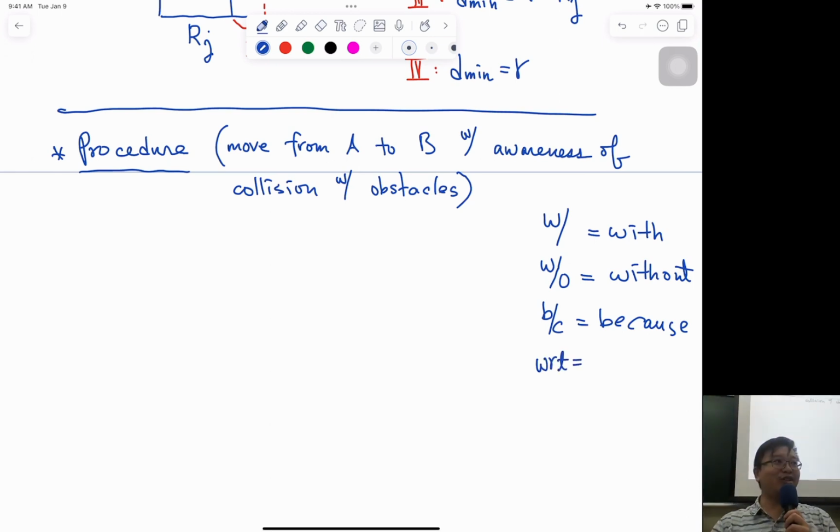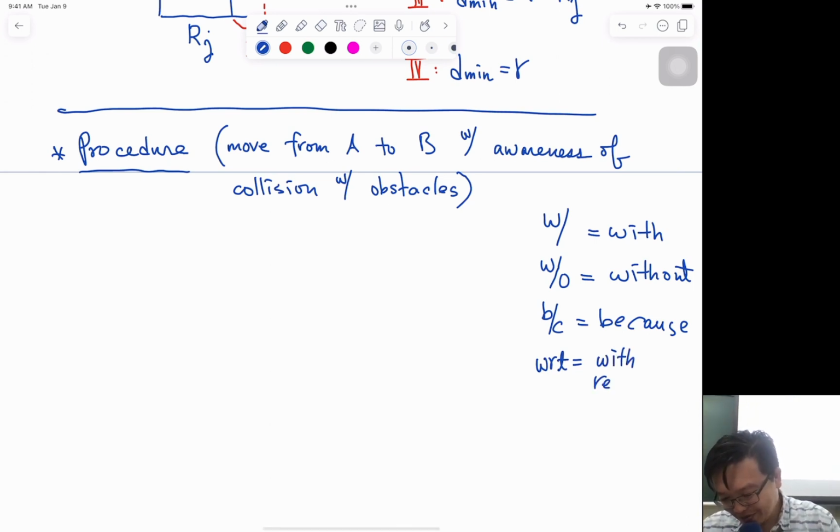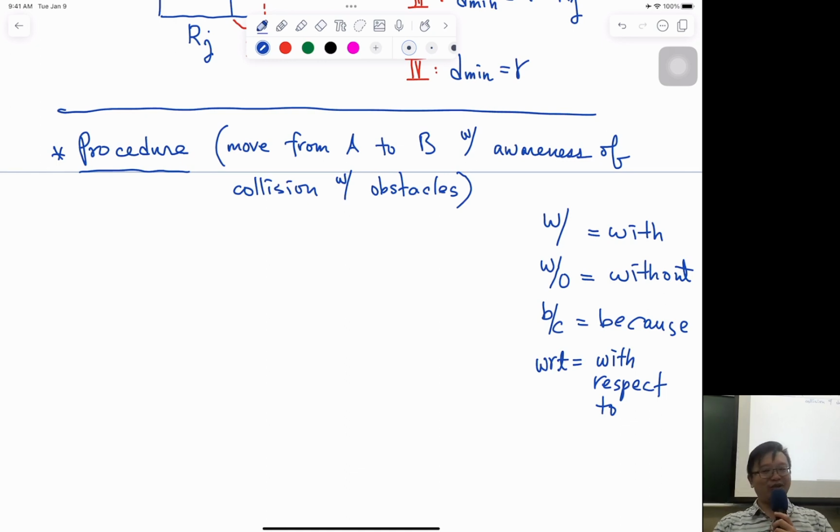Who knows what is WRT? With respect to. Okay, what else? I think those are the most commonly used when they write down the notes.